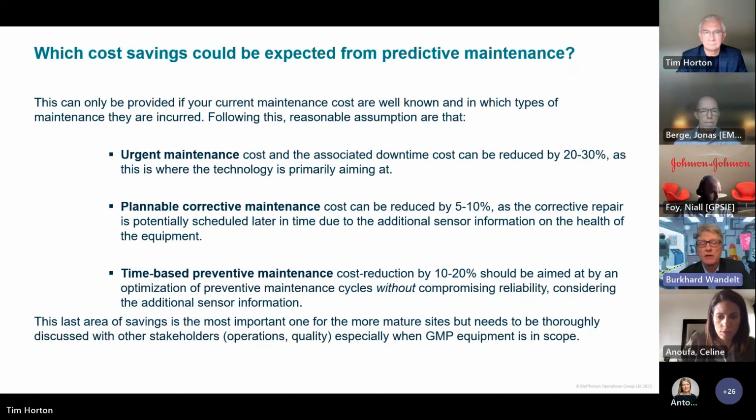Likewise, we can also save on plannable corrective maintenance because we have better information from the sensor on when a replacement should be scheduled. But most importantly, we can also act on our time-based preventive maintenance. We have assumed a cost reduction by 10 to 20%, mostly by extending maintenance cycles that are fixed today. They will stay fixed, but they will extend their cycles. Next slide, please.